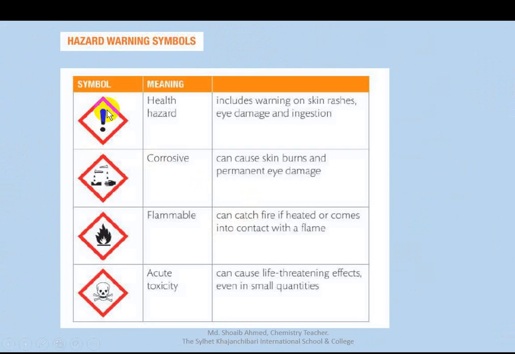Hazard warning symbols. This symbol is the health hazard, which includes warnings on skin rashes, eye damage, and ingestion.